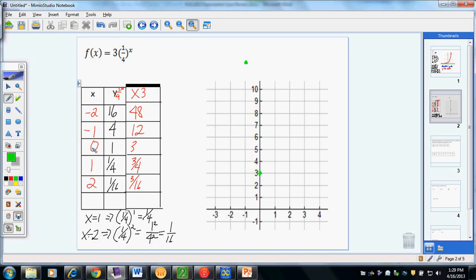Note that because x is 0, 3 will be my y-intercept where it crosses through. 1 and 3/4, and 2 and 3/16. And we have a graph that looks kind of like that.